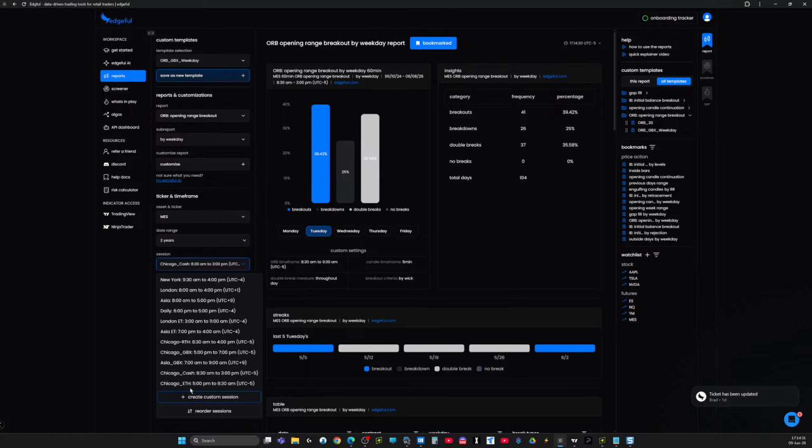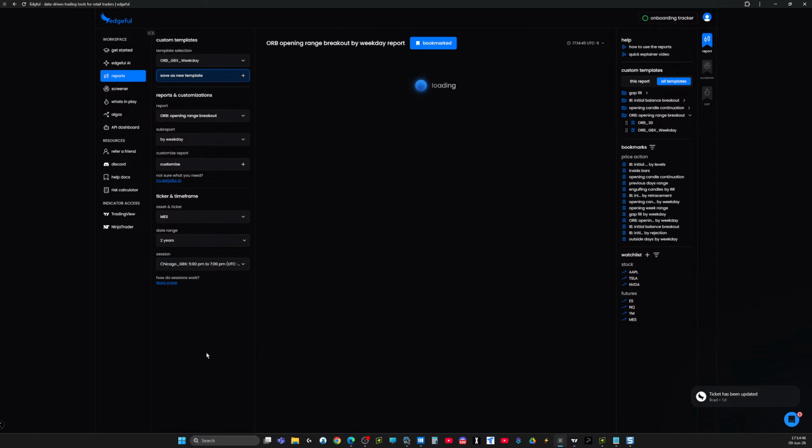This is a real quandary for me still, whether we stick with the 5 p.m. just the Globex separation, or go with the Globex or with the ETH, because with Globex, what I'm trying to do here is identify and analyze just that period of time for the Globex.